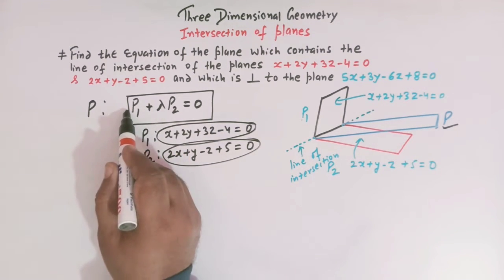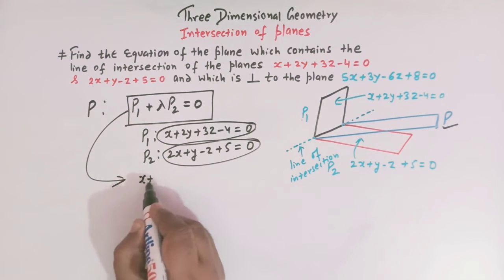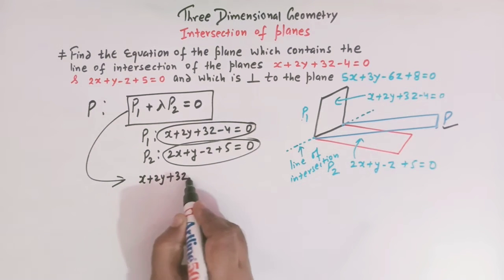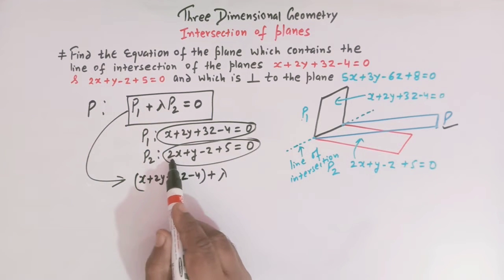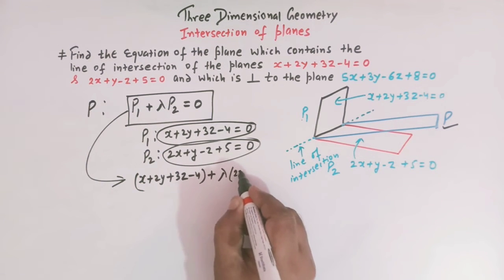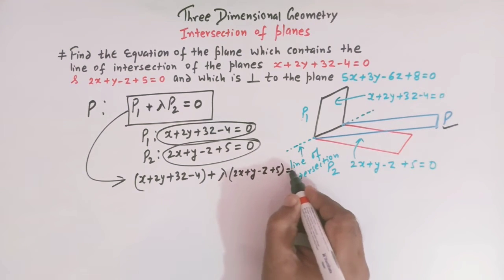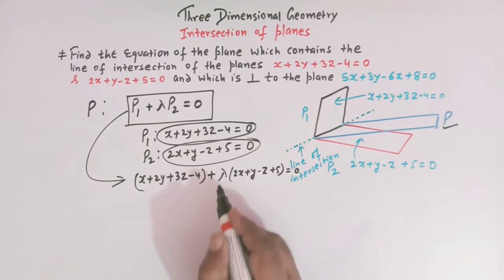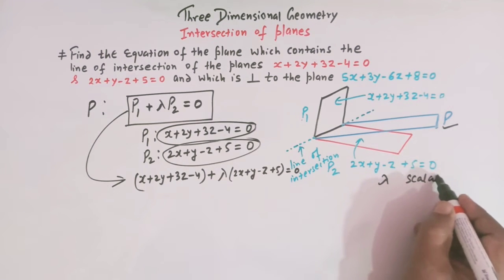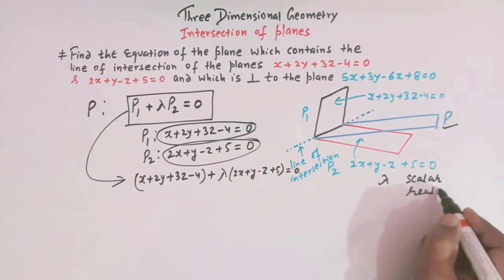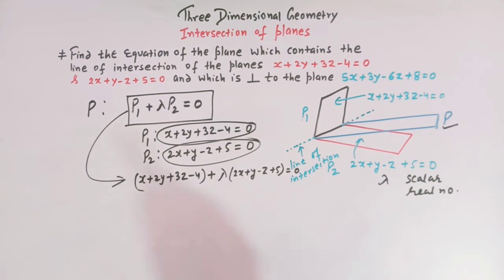So now this equation becomes, for P1 we can write x plus 2y plus 3z minus 4, and then we have lambda times P2, and for P2 we can write 2x plus y minus z plus 5 is equal to 0. And here this lambda is some scalar, or some real number, which can be determined by using some other condition.